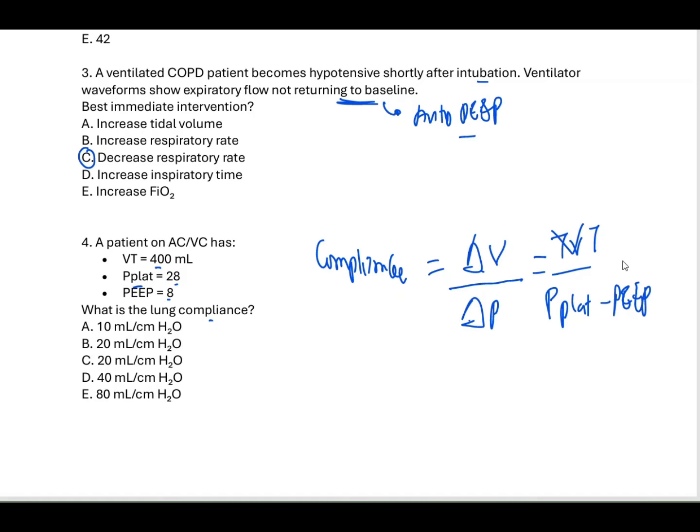So if we plug our numbers into this equation, that will be 400 divided by 28 minus 8. So that's 400 divided by 20, and that's going to be 20, guys. So the best answer there will be 20.